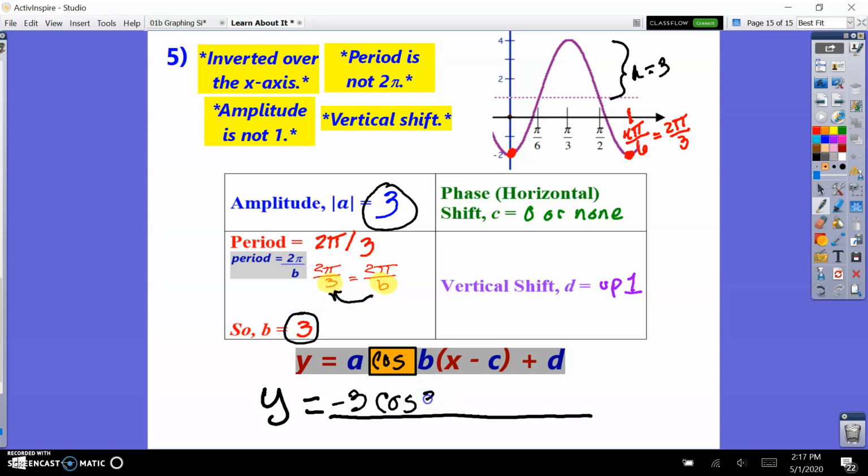So B is 3. No horizontal shift again. You'll see some later in the practice just for challenge. And then this is moving up 1, so plus 1. So the C, there isn't one. D, there is one. And this would be your final equation, having that negative in there.